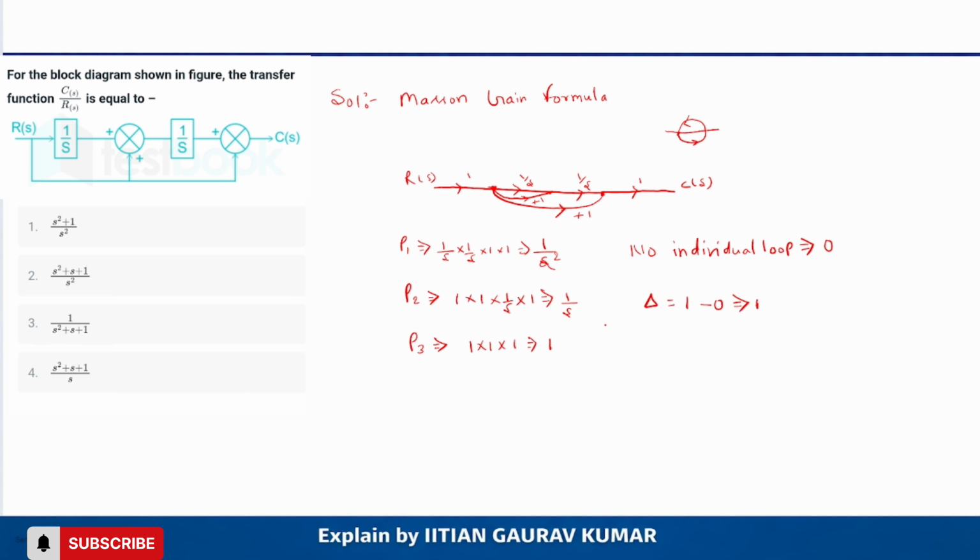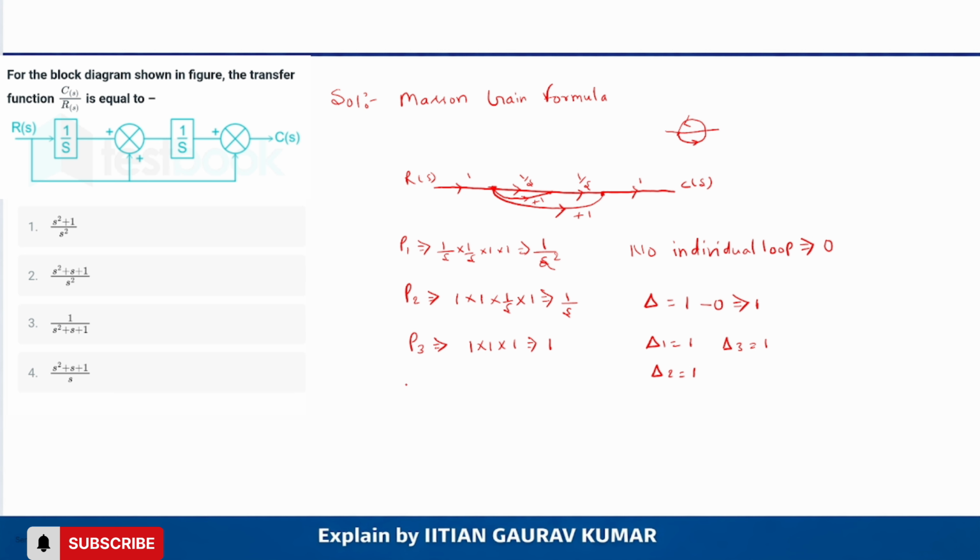I am assuming you are all aware of Mason's gain formula, that's why I solved this question. If we take the forward path P1 from input to output, is any closed loop formed? No, so delta 1 is equal to 1. Similarly, delta 2 is equal to 1 and delta 3 is equal to 1.